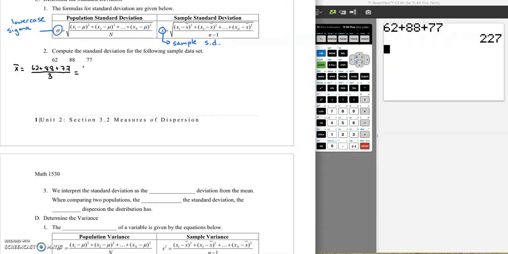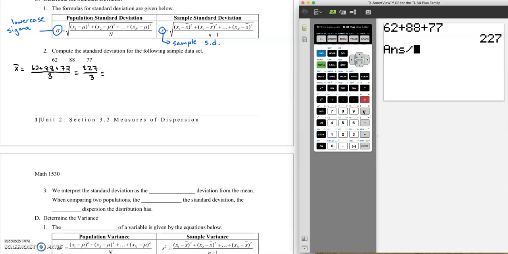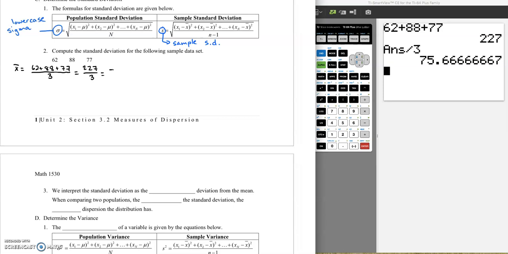That's 227 over 3, which is 75.7. We'll just round to 1 decimal place.